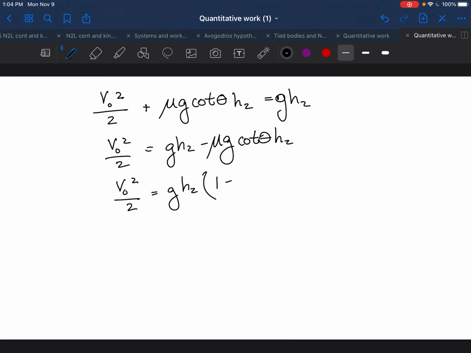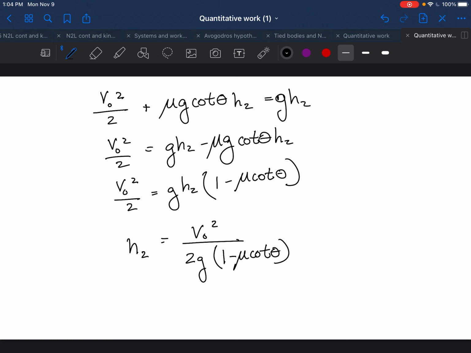So let's see, 1 minus mu cotangent of theta. And this tells me then that h2 is, divide g into 1 minus mu cotangent theta out. So that's v0 squared over 2g times 1 minus mu cotangent of the angle. And there's the new height it'll reach.